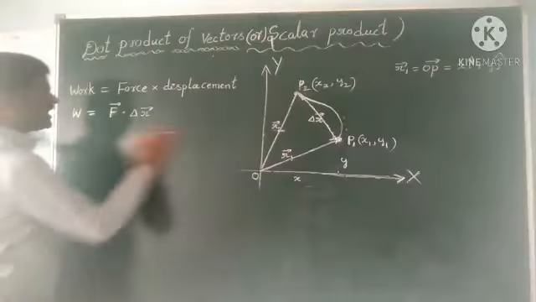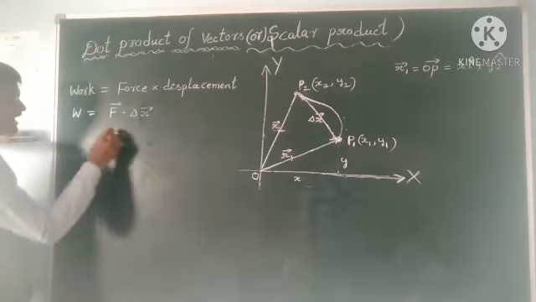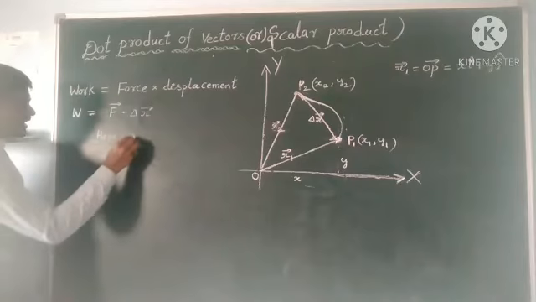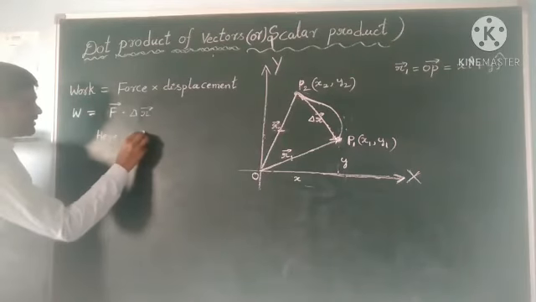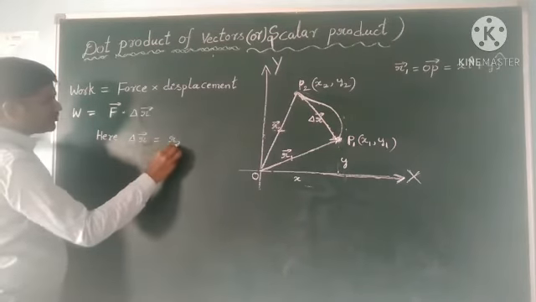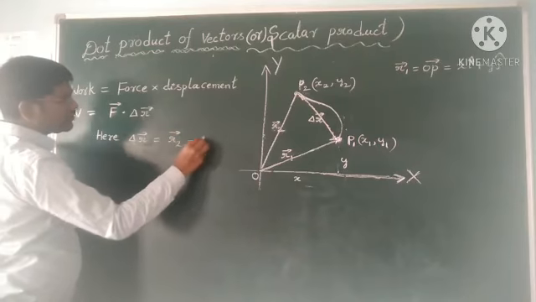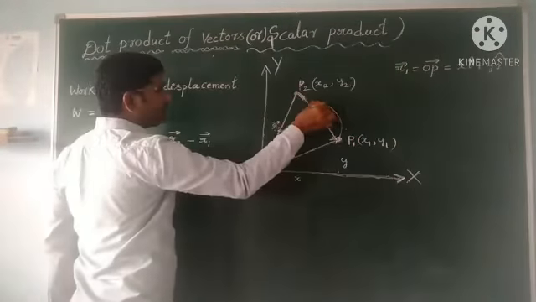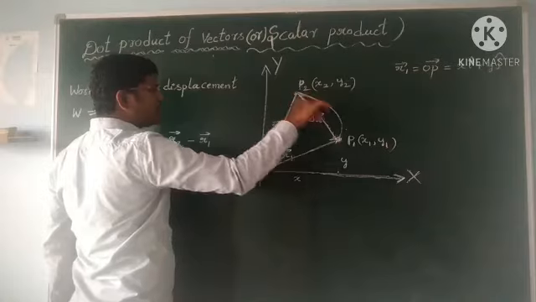How do we write delta R bar? Delta R bar is equal to R2 bar minus R1 bar. So final position minus initial position we have to write.